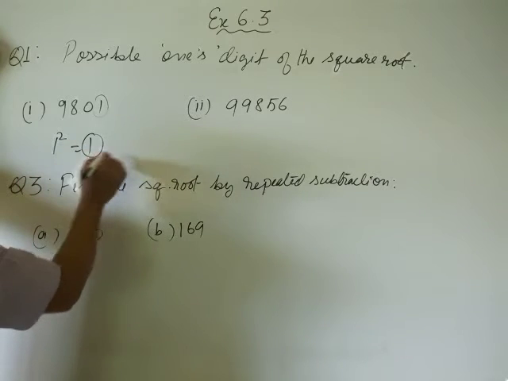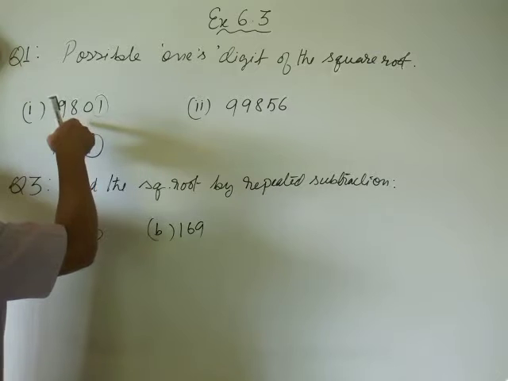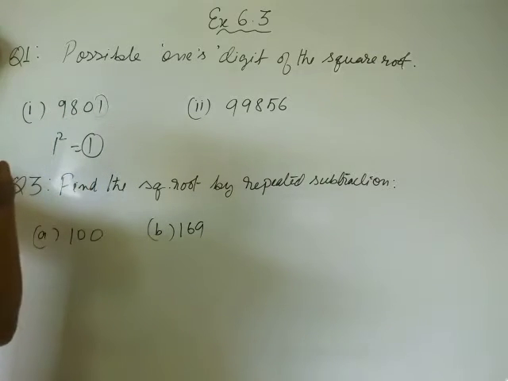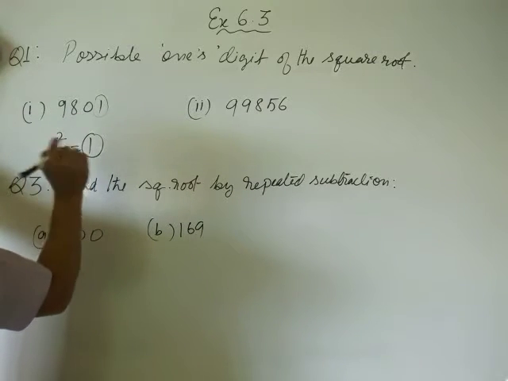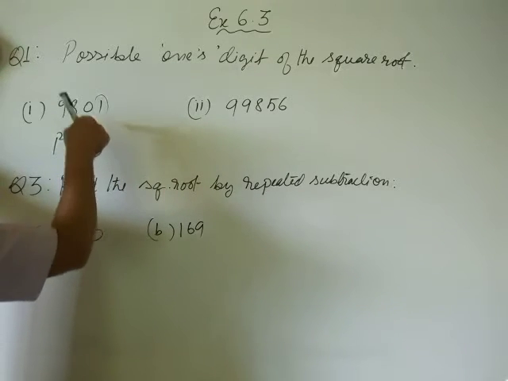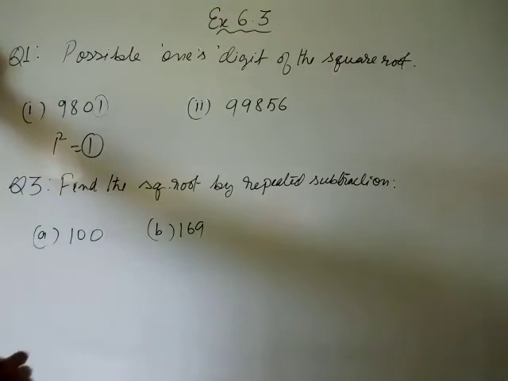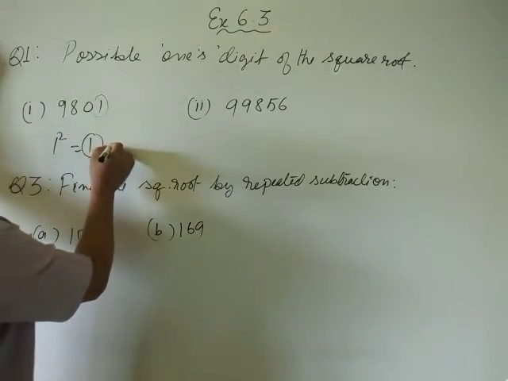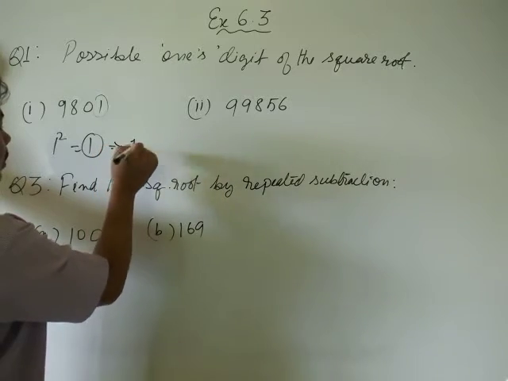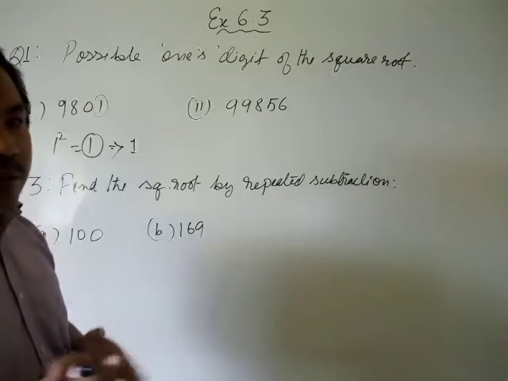So 1 is a possible number in the ones digit of the square root of this number. Why? Because 1 is here in the last digit, isn't it? So the answer is 1.